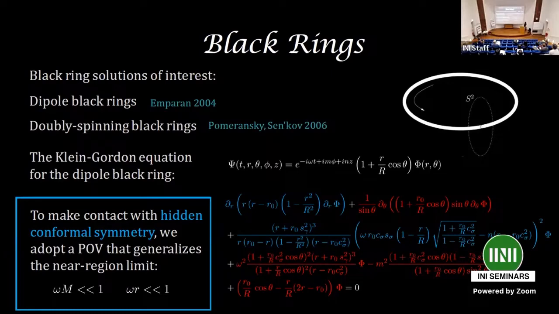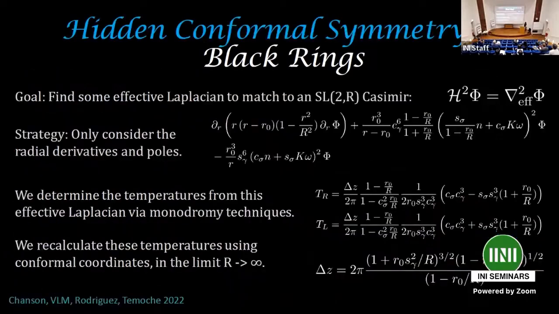Okay. So what do we get? This is yet again our goal. We have a candidate for our effective Laplacian, although in this case, we haven't dropped any terms. We're just interested in matching some particular terms. This is just a rewriting of those terms that we're interested in matching. So now this is not an equation. As you can see, this is just an operator. This is the Laplacian.